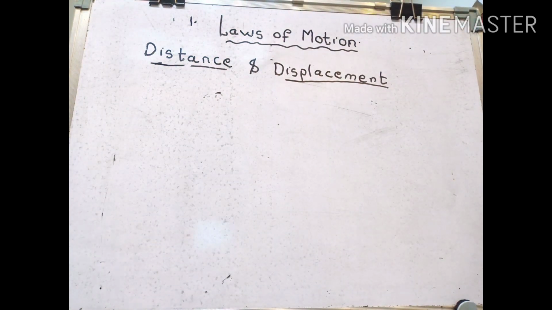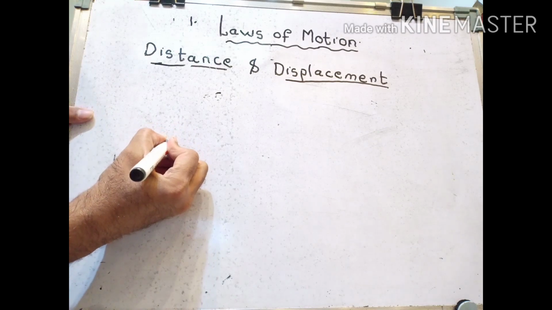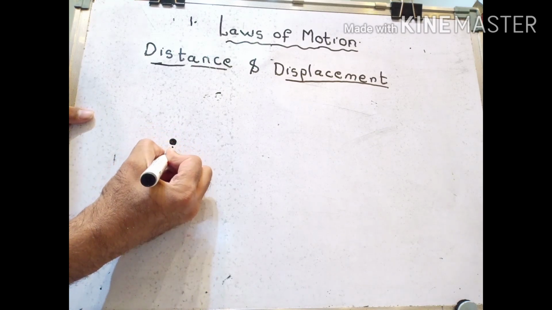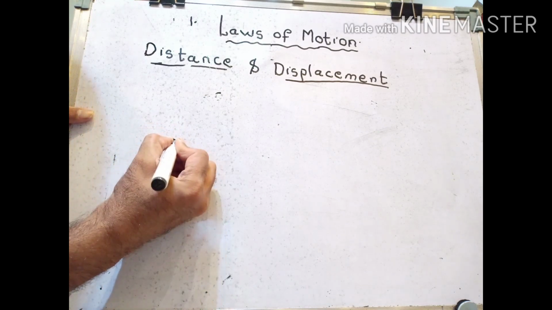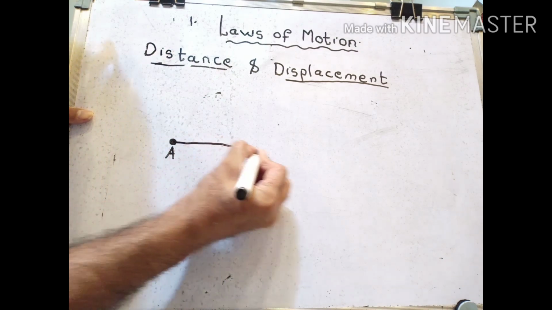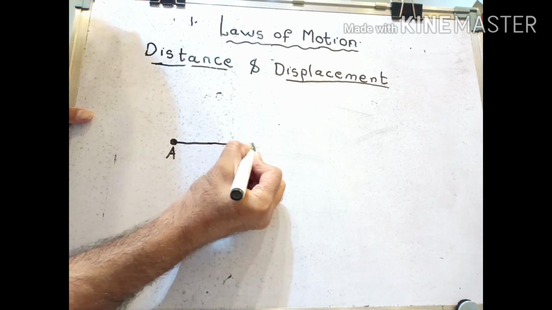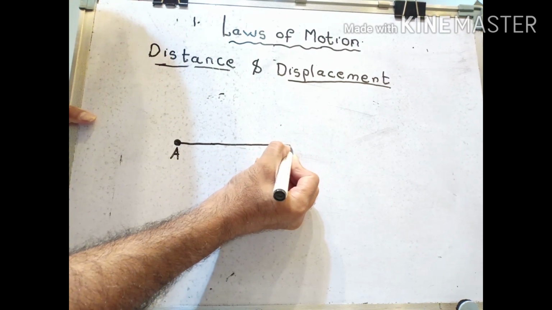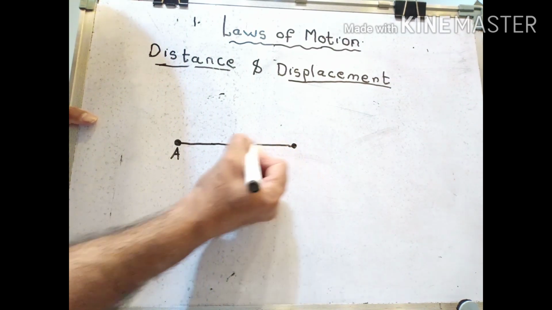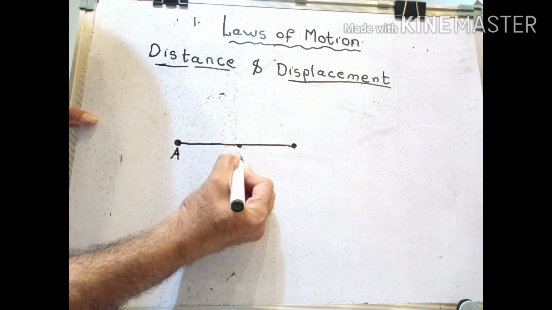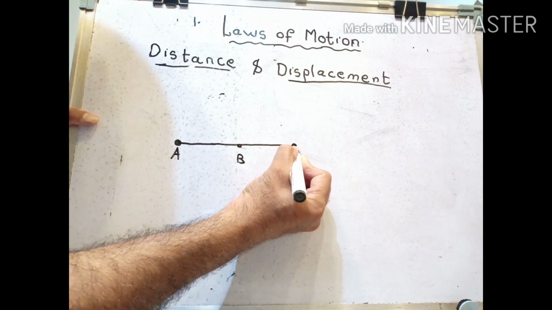Now let us consider motion along a straight line. Let us say the person starts from point A and goes along a straight line up to point, let us say, here.